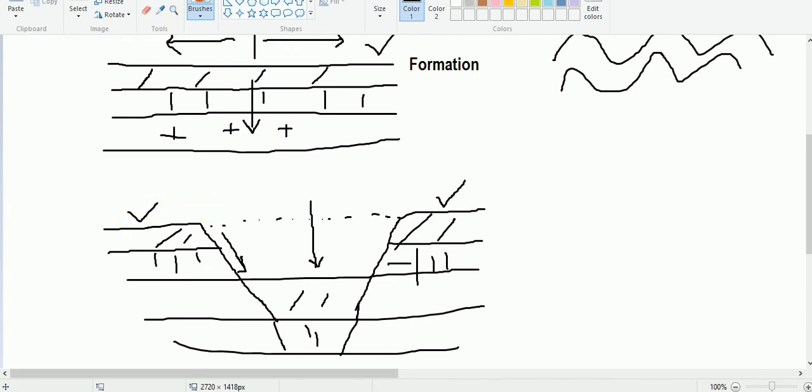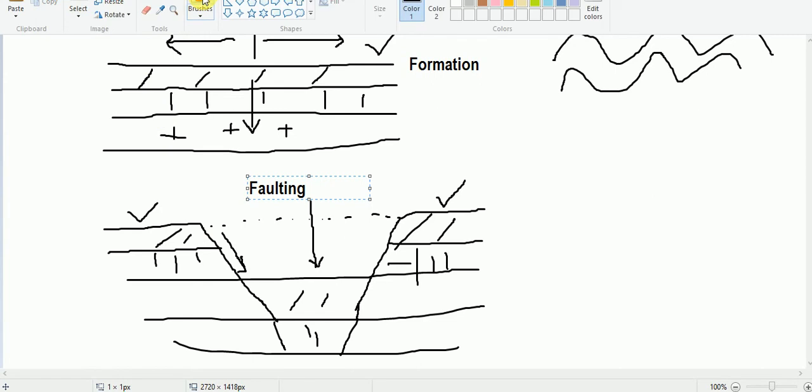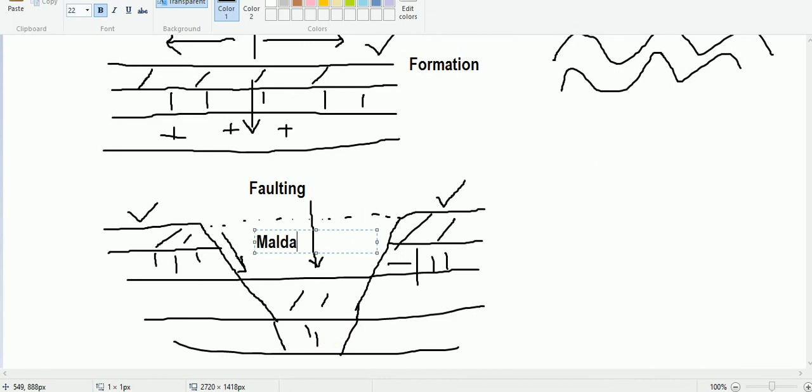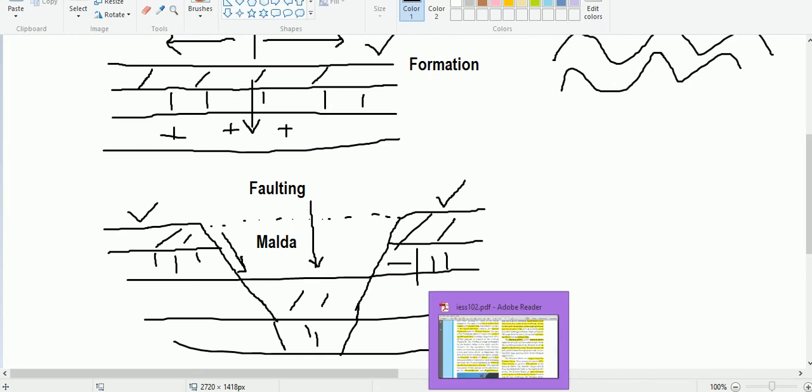This process is known as faulting in geography, and the name of the fault is known as Malda fault. For example, for every waterfall we also have a name. Like that, faulting is also named, and the name of this faulting is Malda fault.